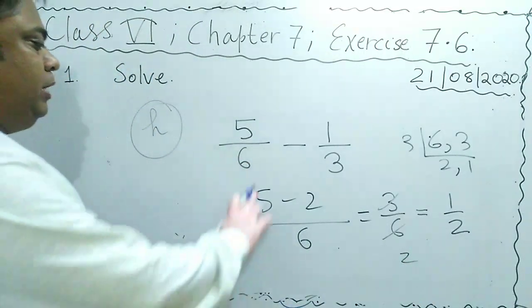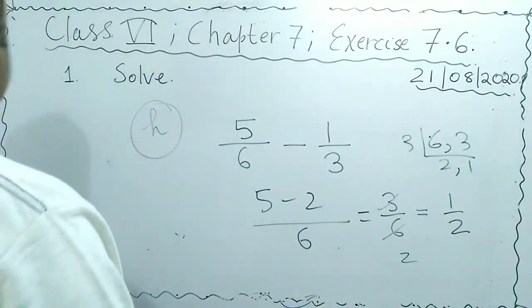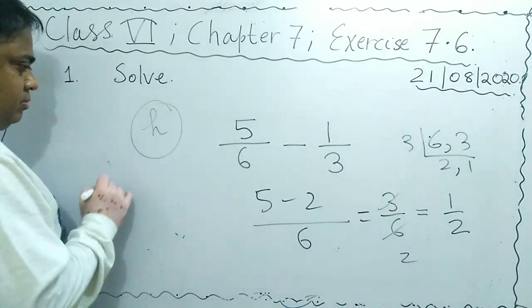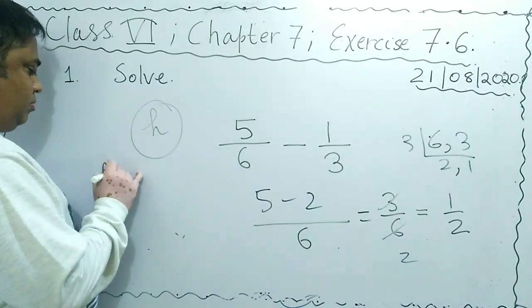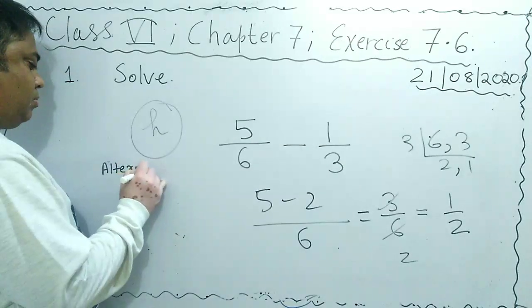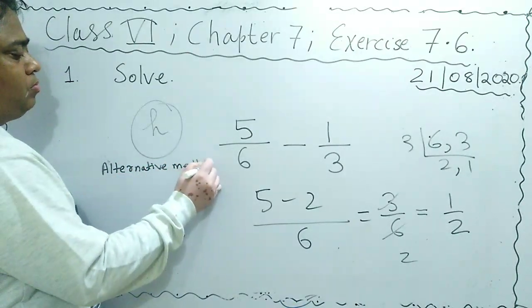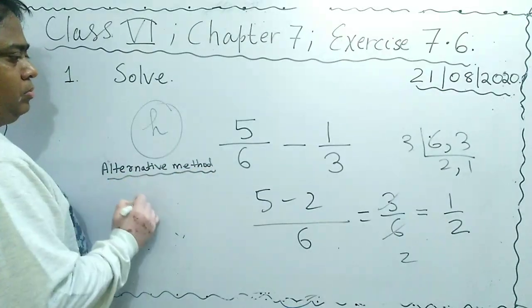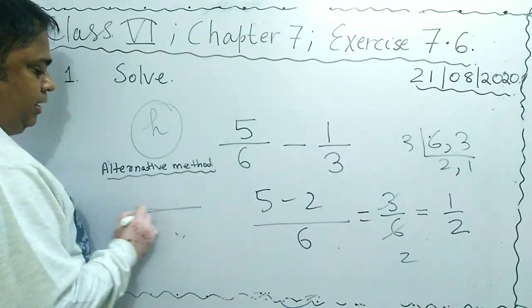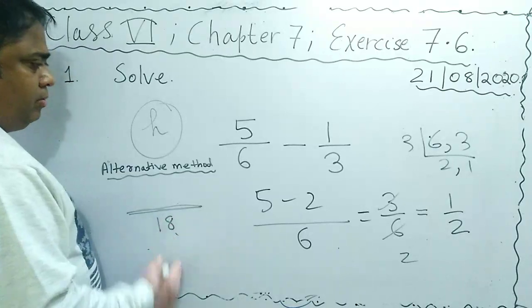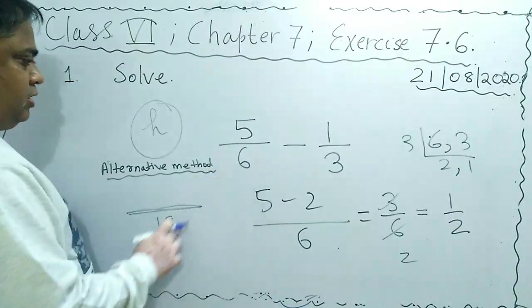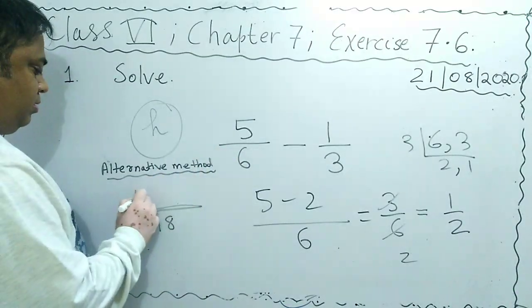What will happen if you multiply this? Alternative method. If you multiply the denominators, it will become 18. Then we will write 6 3s are 18 and 3 5s are 15.